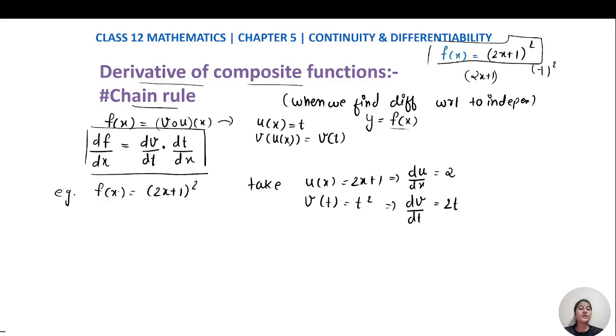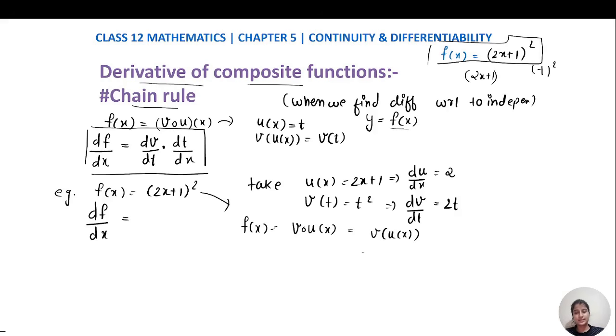Now what do we have to find? We have to find the derivative of 2x plus 1 whole square, that is df by dx. Now apply the chain rule. For the chain rule, I write f of x as the composition of v and u of x, that is v of u of x.